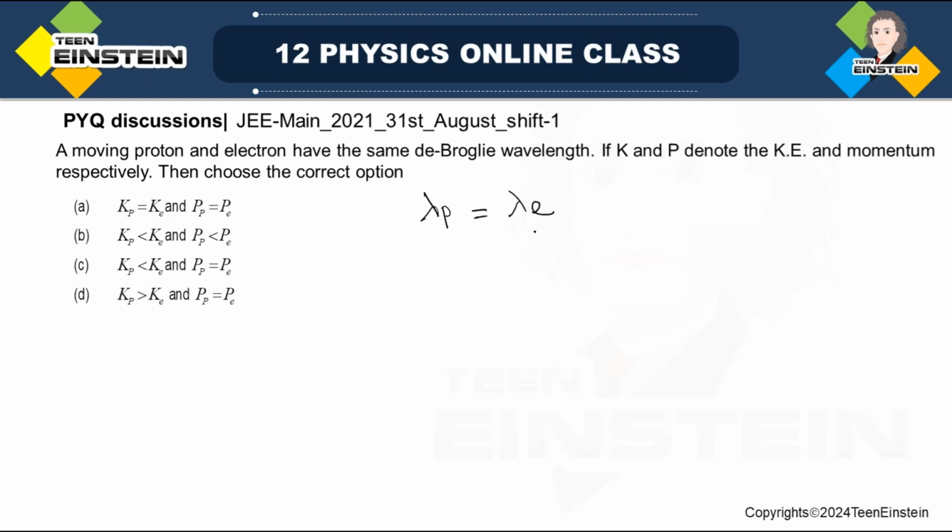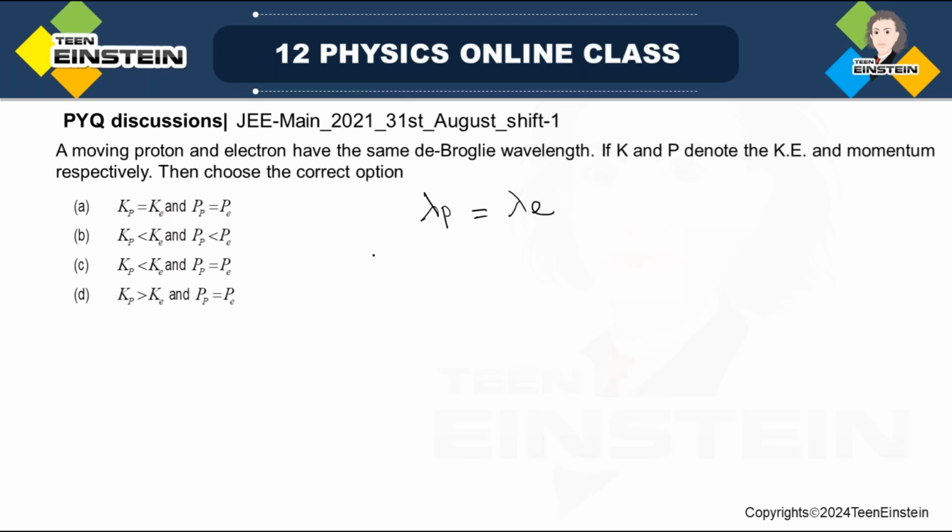If K and P denote the kinetic energy and momentum respectively, then choose the correct option out of these 4.